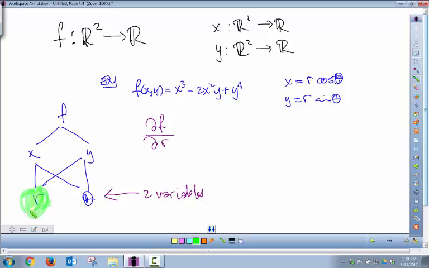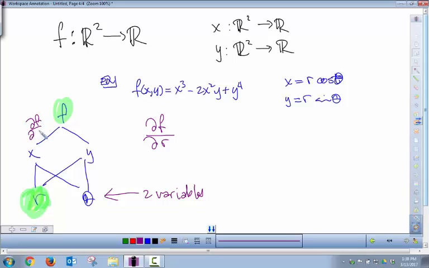So we're highlighting where we start and where we end. We're always going to start with F, but since now we have two variables at the bottom, it's a question of where we're going to end up. And so we want all the paths that lead to R. So we need a path from F to X, and F is a function of two variables, so we're going to need partials for that.